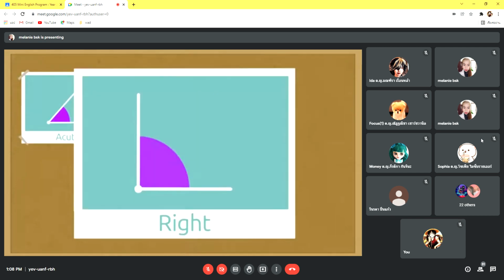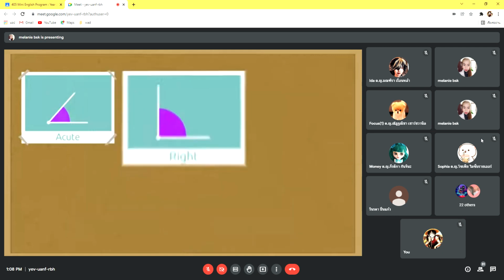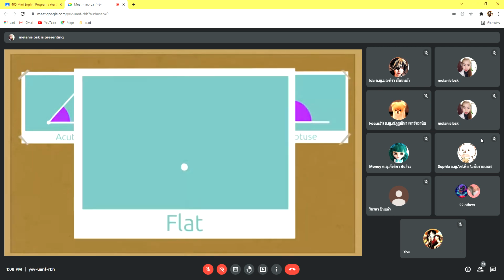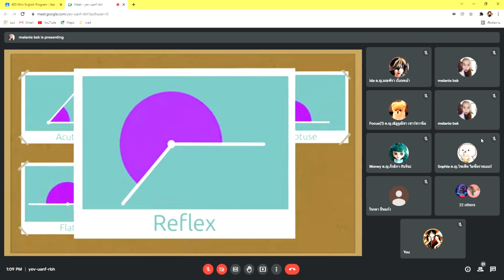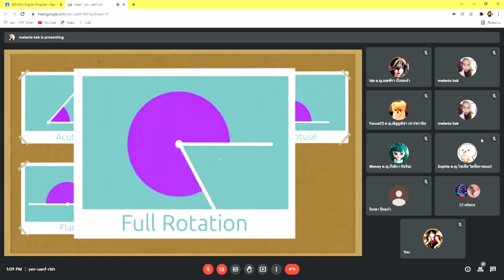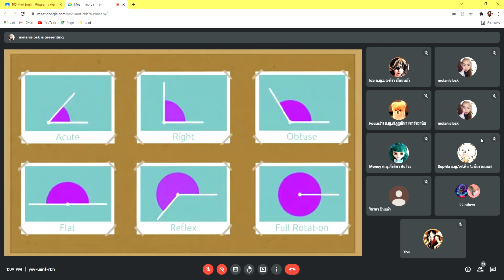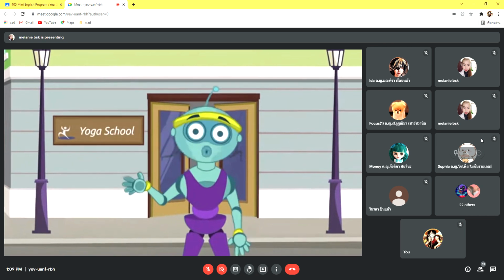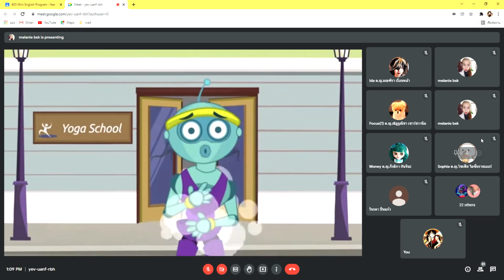They measure exactly 90 degrees. Obtuse. They measure between 90 and 180. Flat. They measure exactly 180 degrees. Reflex. They measure more than 180 degrees. Full rotation. They measure 360 degrees. And that is all about angles. I hope you've learned a lot, friends. I think I'm going to call an ambulance.